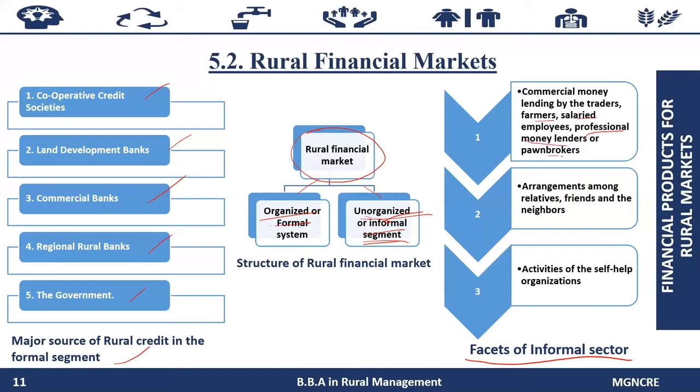These are the people who provide informal credit. Then arrangements among relatives, friends, and neighbors, which is the most understandable source of informal credit, and activities of self-help organizations.